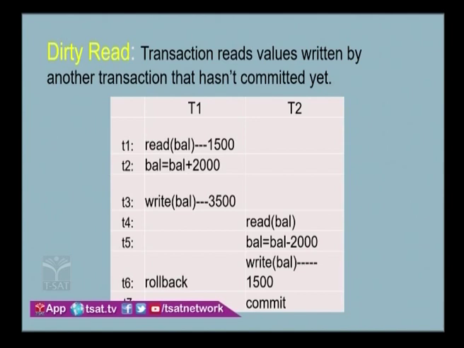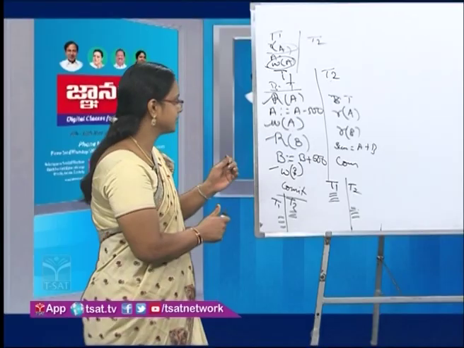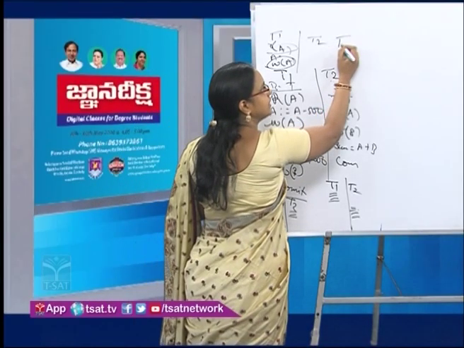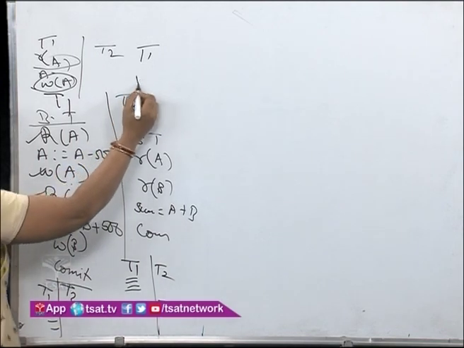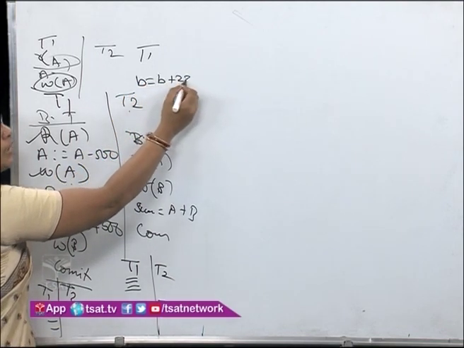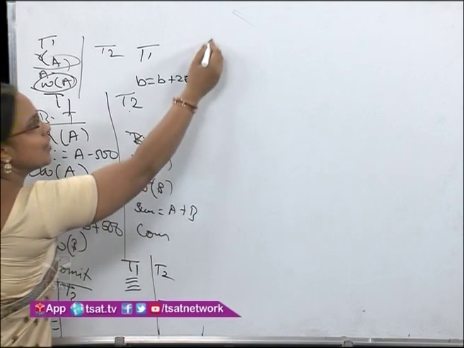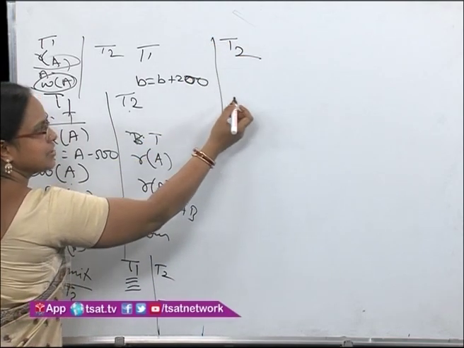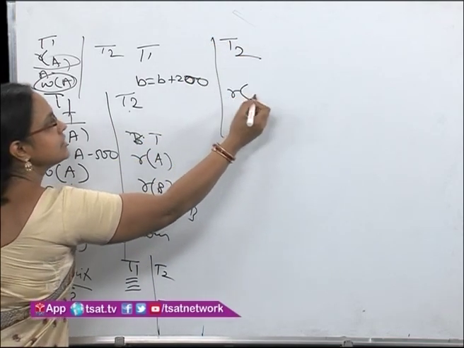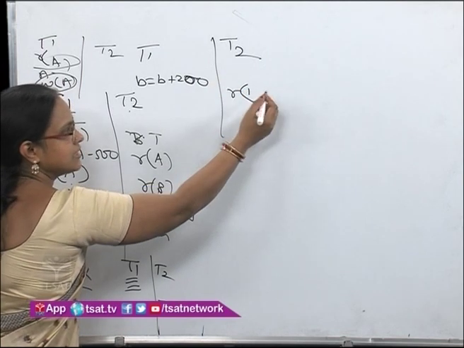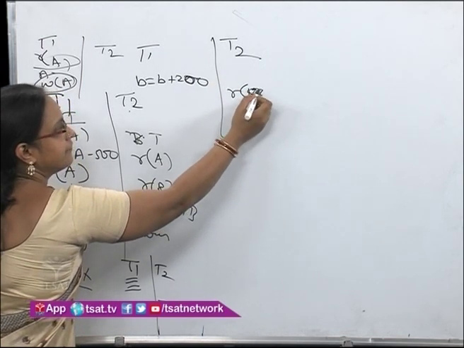So T1 changed the balance to balance plus 2000, but this change is not seen by transaction T2. When it read the balance, it read whatever was in the database, only 1500.